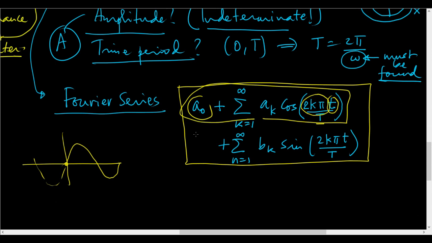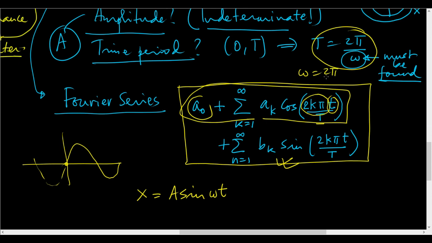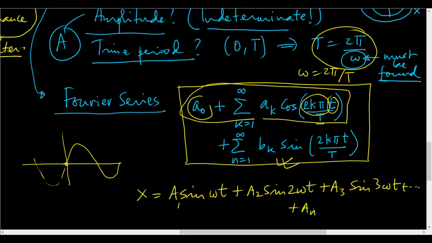So for this problem I can just use a sine series if I wish, and I can say x is equal to a1 sine omega t, because 2 pi over T is omega, plus a2 sine 2 omega t plus a3 sine 3 omega t plus an sine n omega t, and I truncate there. Stop.